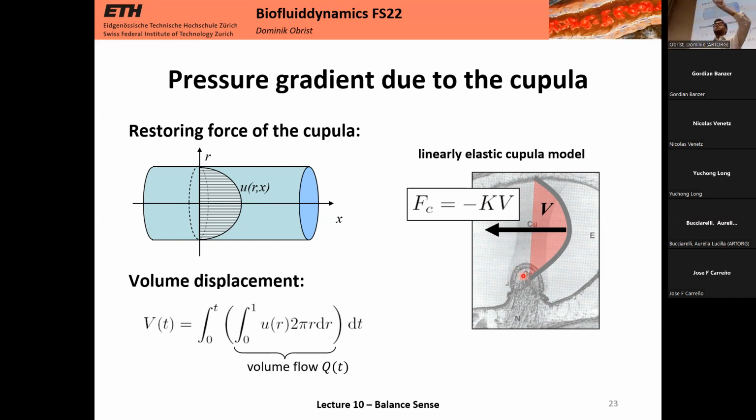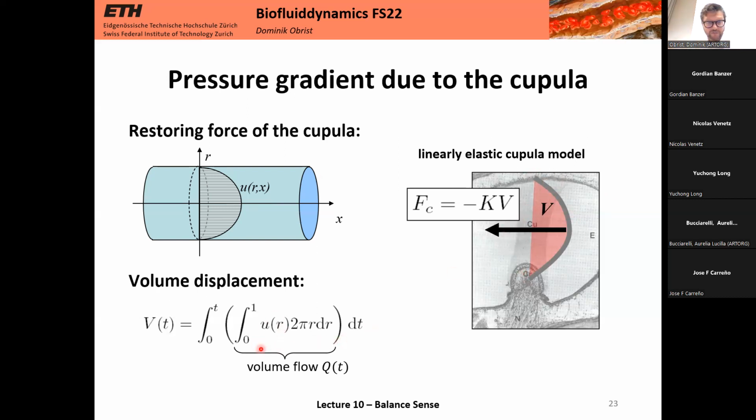And if we distribute this pressure along the whole length of the canal, we get a pressure gradient. And this is a pressure gradient which is pushing the flow back, right? This is usually opposing the angular acceleration. It's the mechanical adaptation.